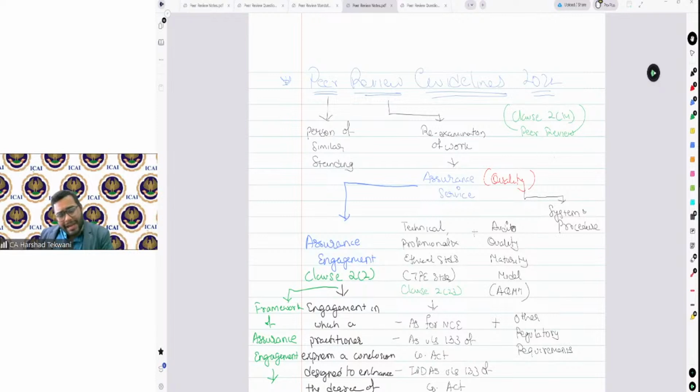So that side will be focused more this time, so that you can get the confidence on how to write an answer in the exam. Because a lot of queries come that we have done the preparation, we have done everything, but still we lack somewhere, still we are not able to write the answer, not able to attempt the question in the exam. So we will be focusing on that side more.